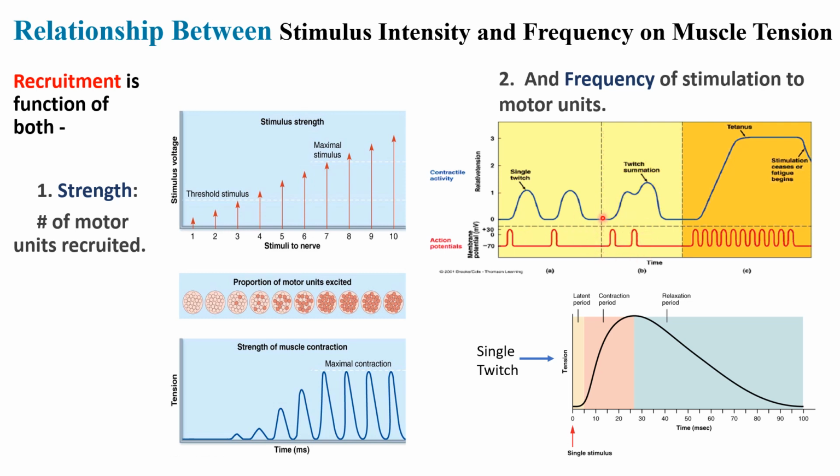It's happening sooner, and this has to do with the length of the sarcomere at the time of stimulus. Okay, we call that length tension relationship, but in this case, the thing is, how many motor units are you recruiting, and how often are you stimulating?